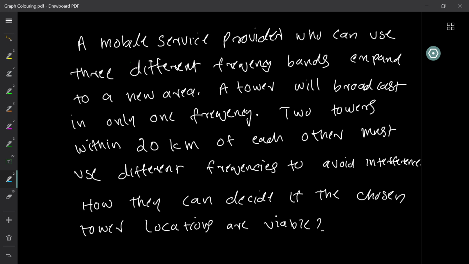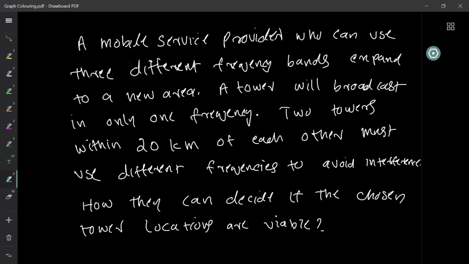Now, suppose you have two towers and they are within, let us say, 20 kilometers, then we don't want them to use the same frequency, because if they use the same frequency, there could be interference, and there will be issues related to this. So to avoid that, we will make sure that if two towers are within 20 kilometers of each other, then they should get different frequencies.